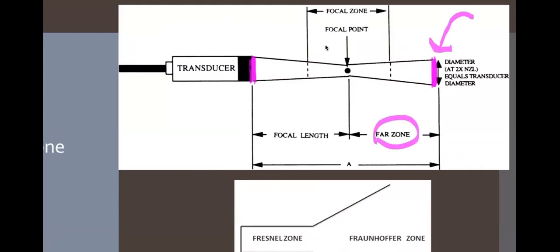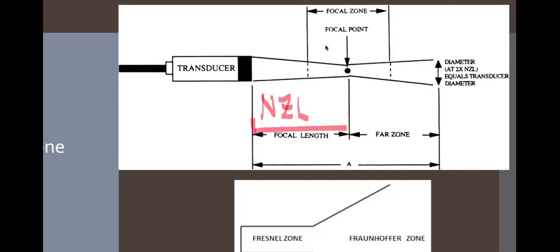However, on the test, they word it really funny and it trips people up. What they say is, at the end of two near zone lengths. So if you think about it, this is the near zone length, right? Let me switch colors so you guys can see it. Okay, so this is the near zone length, from here to here.